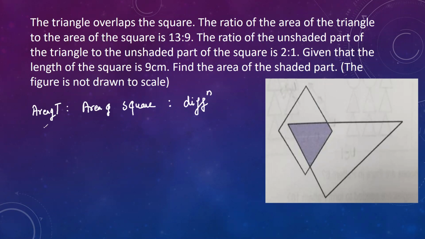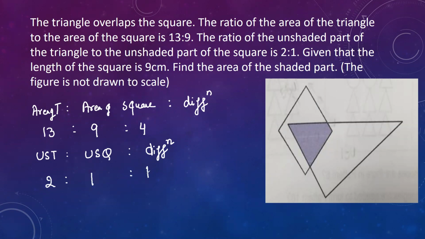This is 13, this is 9, so this will be 4. And then they take the unshaded part of the triangle, this part. So unshaded triangle to unshaded square, and then we take the difference, is how much? 8:4. So we take the difference, that is 4.